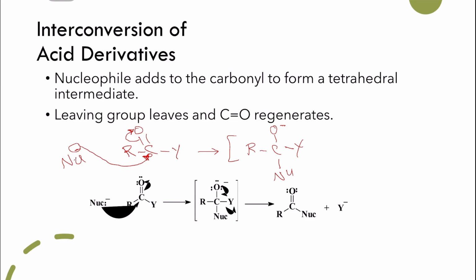Y here, as we said, is a leaving group. So the Y will leave, while the double bond between the oxygen and carbon will regenerate. So we end up with a different carboxylic acid derivative. We started with the one that has Y and we ended up with the one that has the nucleophile.